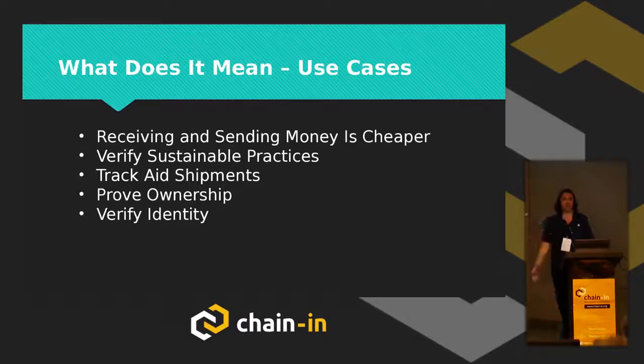But you can do a bunch of things with blockchain technology that you weren't able to do before. For example, sending and receiving money throughout the world is much, much cheaper. It's one of the first advantages that people look at or understand about blockchain technologies.